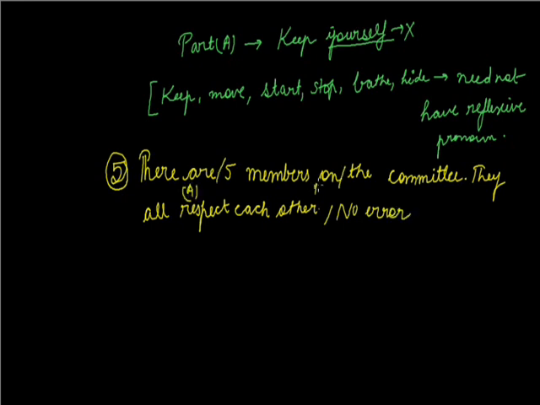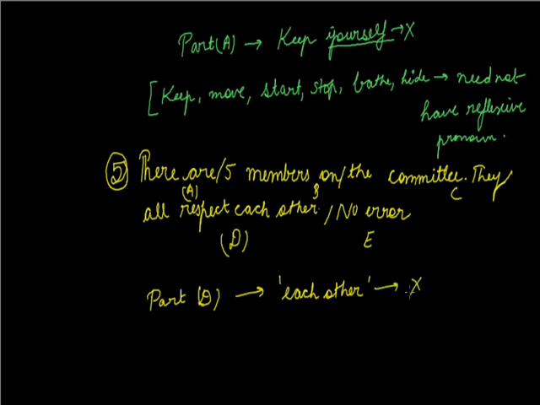A, B, C, D, and E. Can you tell me which part contains error? Okay, I tell you. The error is in part D. Why so? Because this use of pronoun, reciprocal pronoun, each other is incorrect here.